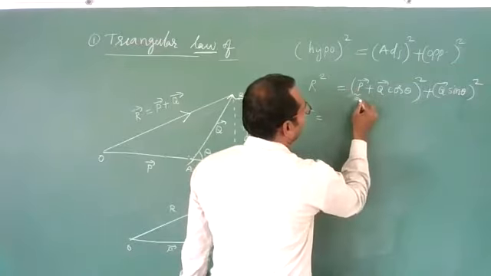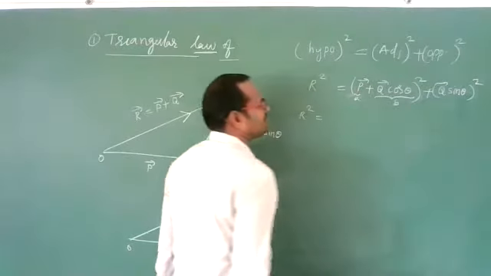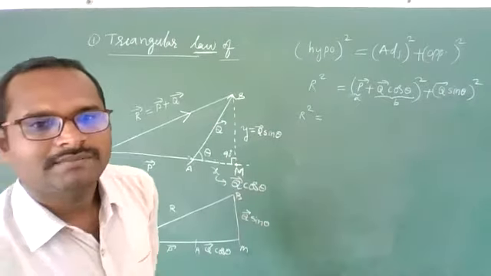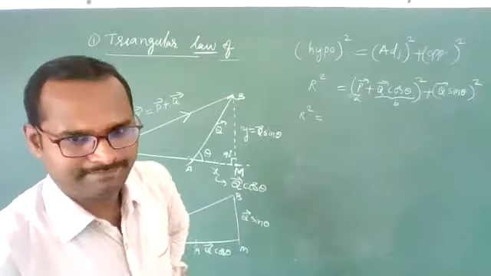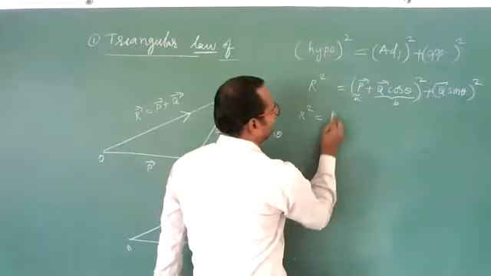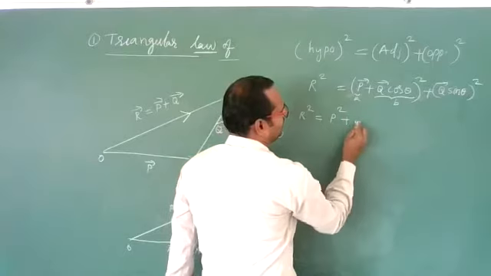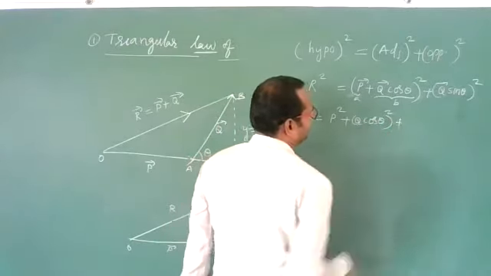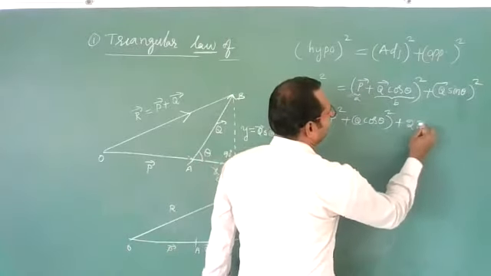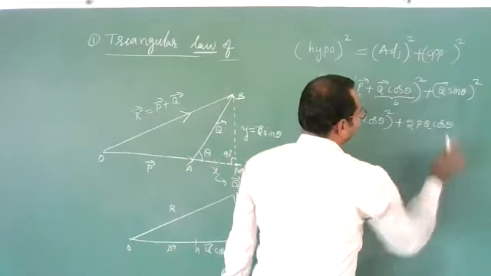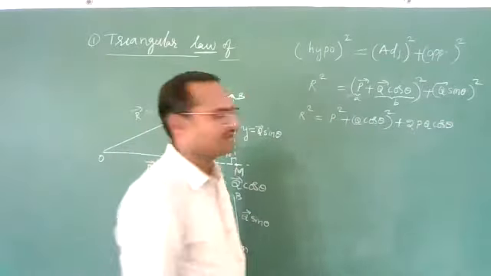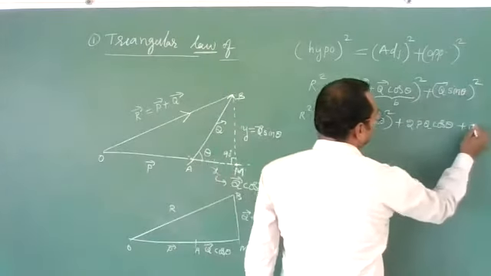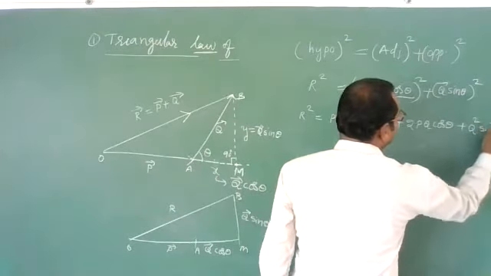This P you call a, this total you call b. Define it, (a plus b) whole square is a square plus b square plus 2ab. Yes, a square is P square, plus b square is (Q cos theta) whole square, plus 2ab, 2 times PQ cos theta. This is (a plus b) whole square over. Now Q sin theta whole square, Q square sin square theta.